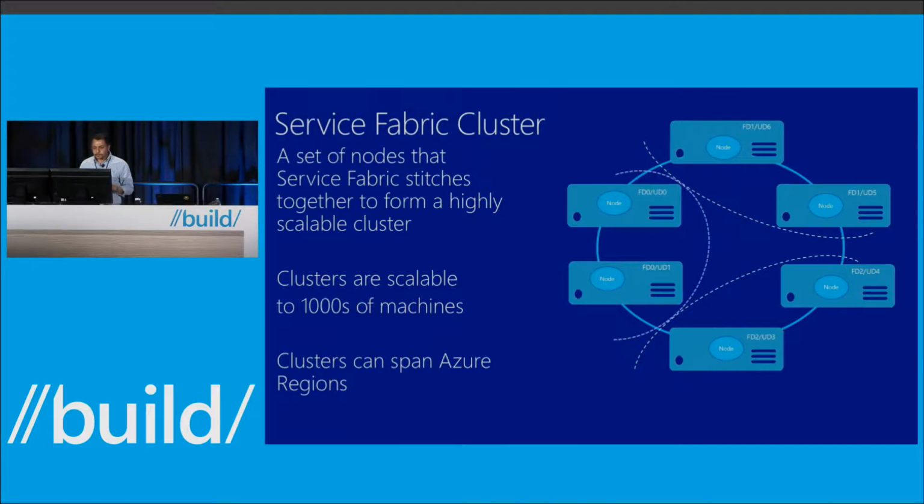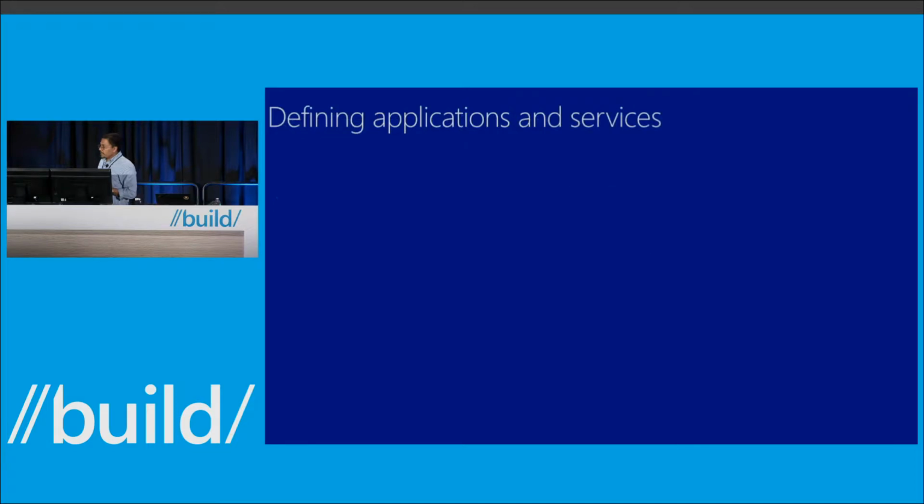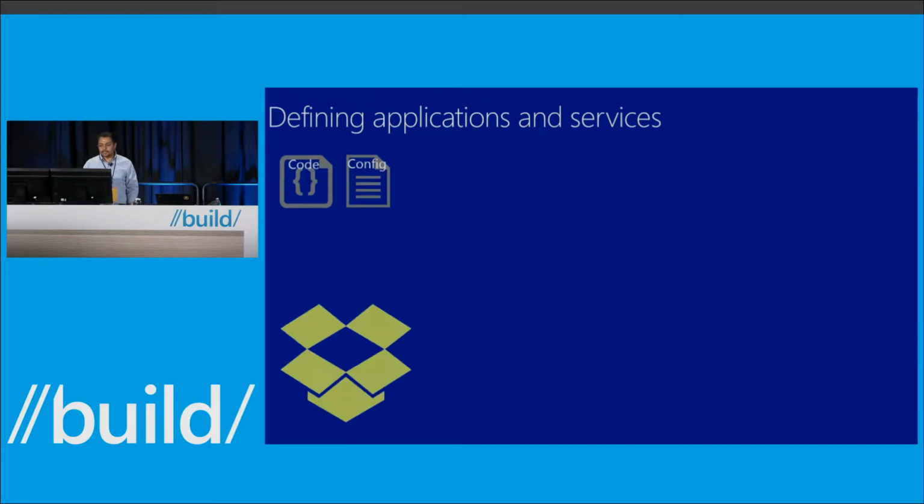So quickly, let me also touch on what a Service Fabric application is made of. Azure Service Fabric supports the creation of both stateless and stateful microservices. Each of these services contains code and an associated configuration to form a service package.